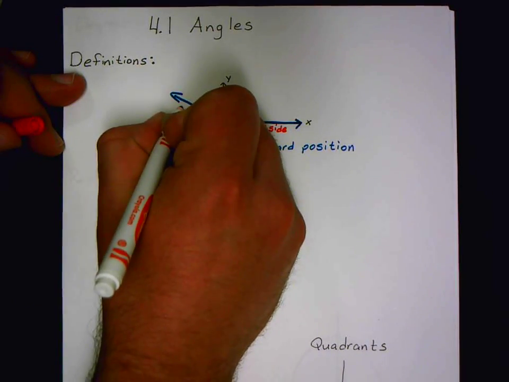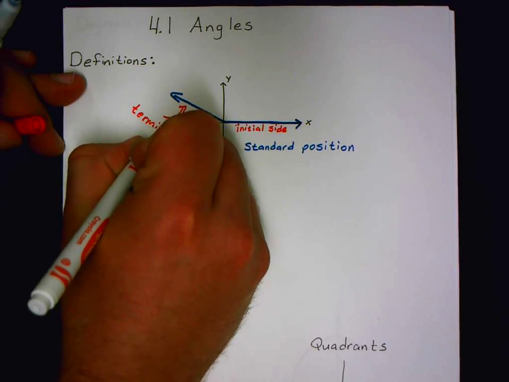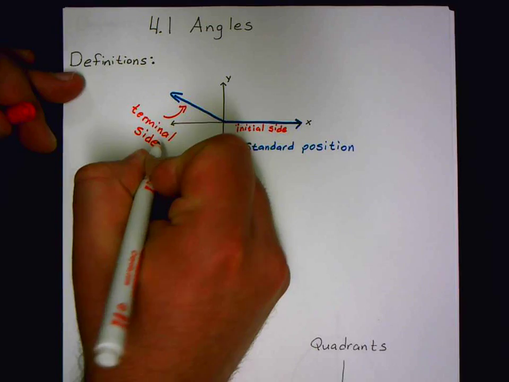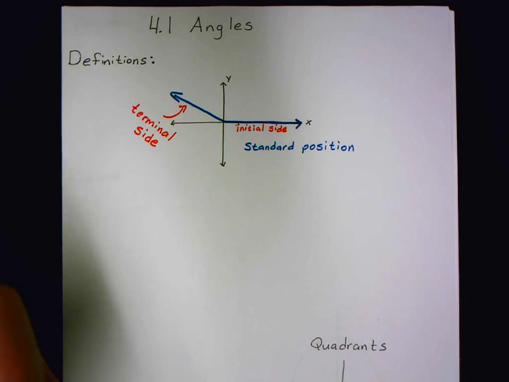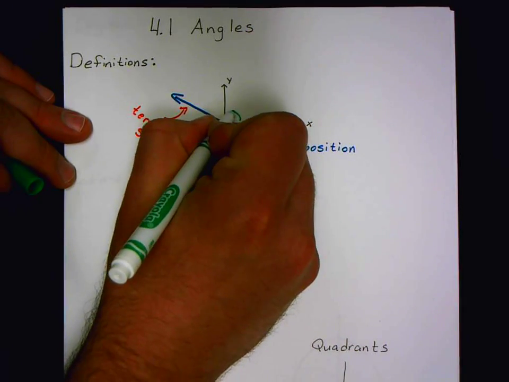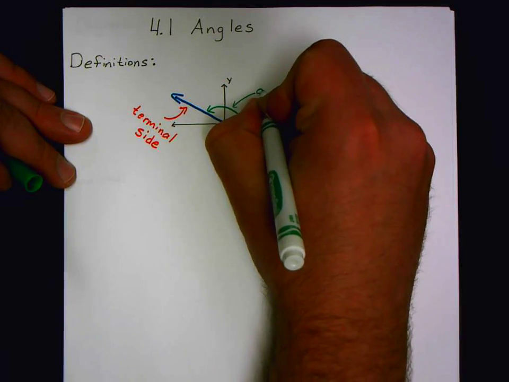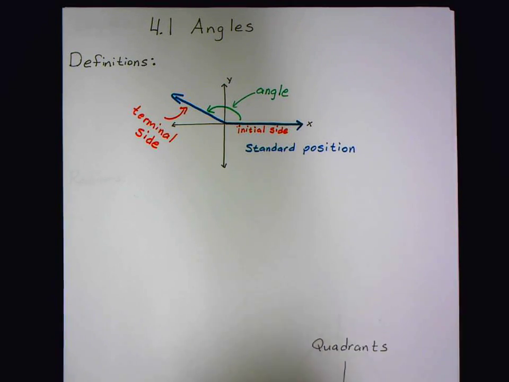This side here is called the terminal side. And then, of course, we have the actual angle. The angle is the distance between the two sides.